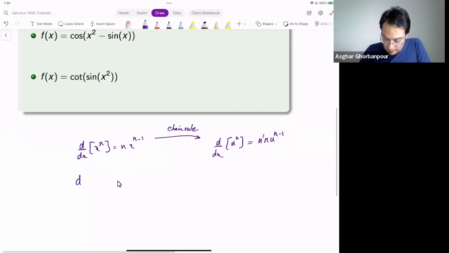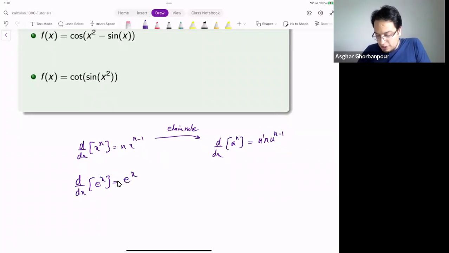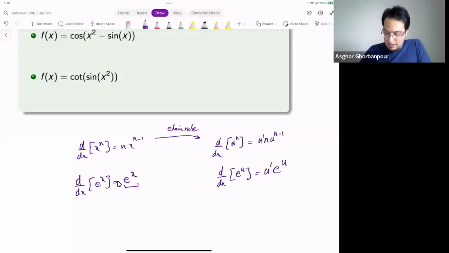Or for example, when you have e to the power x, the derivative is e to the power x. If you apply the chain rule, it means that we are composing e to the power x with a function u, and the derivative is going to be e to the power u, the derivative of this guy evaluated at u, but you have to multiply by the derivative of the inner one, u prime e to the power u.